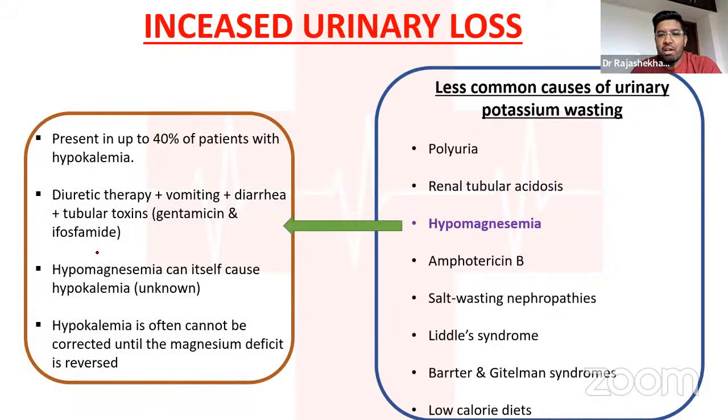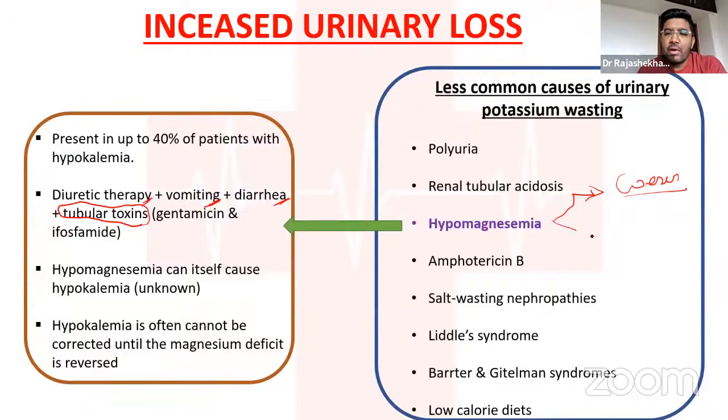Then hypomagnesemia, by two mechanisms. One is that the causes of hypomagnesemia and hypokalemia usually coexist. Like if the patient is on diuretic therapy, having severe vomiting, having diarrhea, or taking tubular toxins that affect magnesium absorption, like gentamicin and ifosfamide, these are going to inhibit both potassium and magnesium reabsorption.